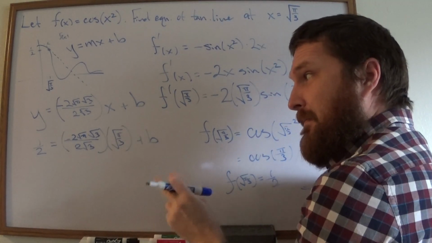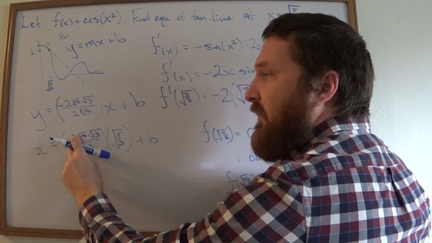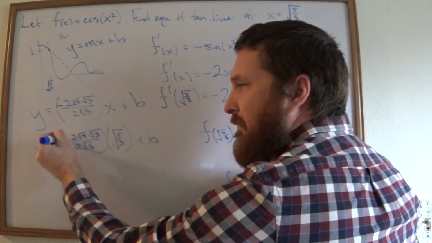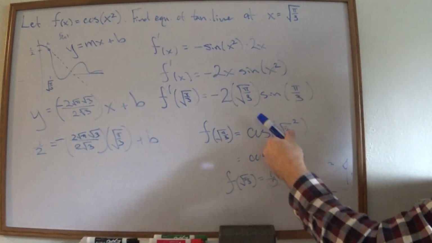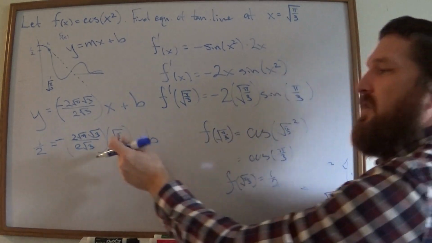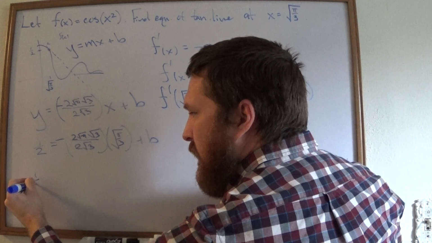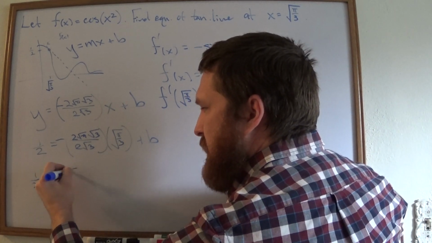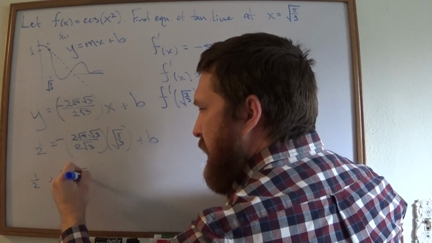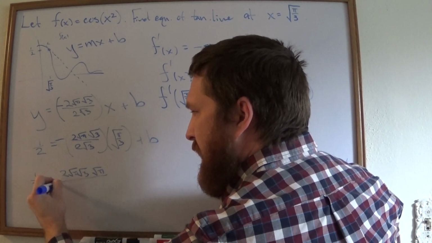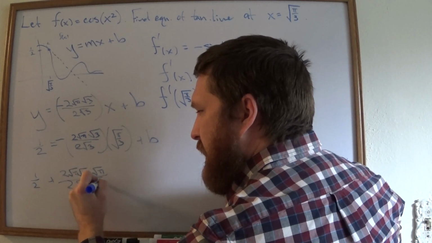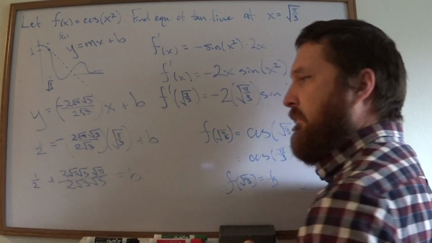Well, we need to subtract that over. And since it's a minus, I'm going to go ahead and just add it. And we'll have 1/2 plus 2 root pi root 3 root pi over 2 root 3 equals b.